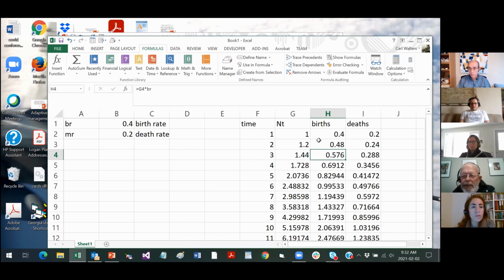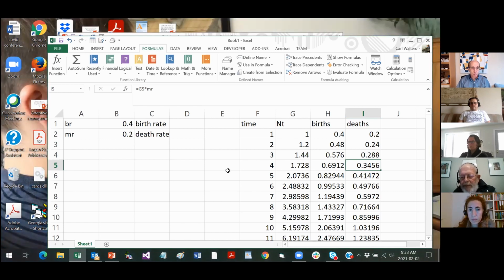But now you see that the births and deaths are changing at each time because the base population size from which they're being predicted is changing. So in this very small number of steps, I've created a population dynamics model, basically.